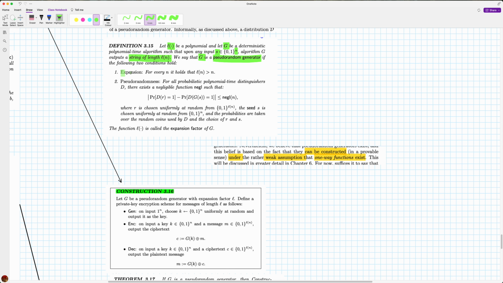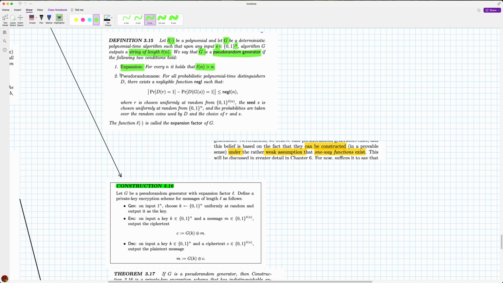First of all, it has to expand, which means that the length of the output string has to be greater than the length of the input string. And second is the pseudo-randomness condition.